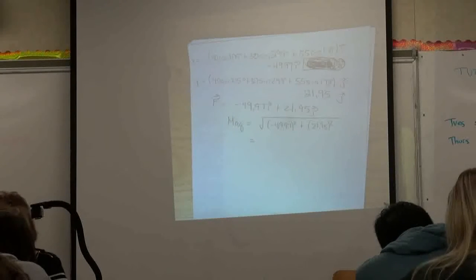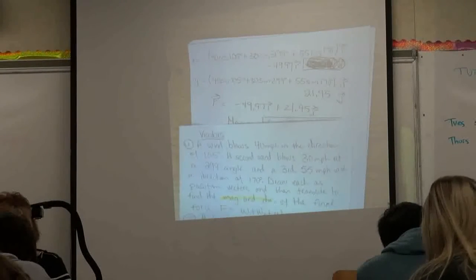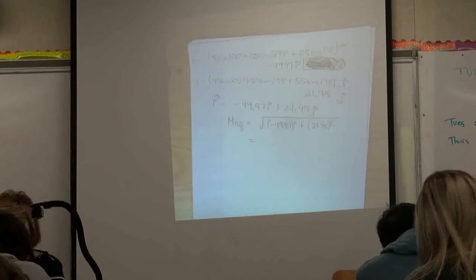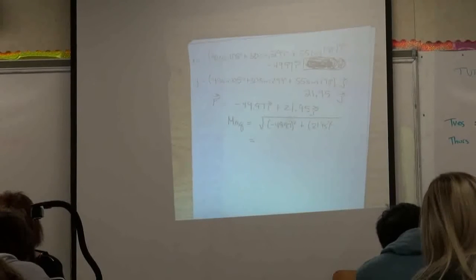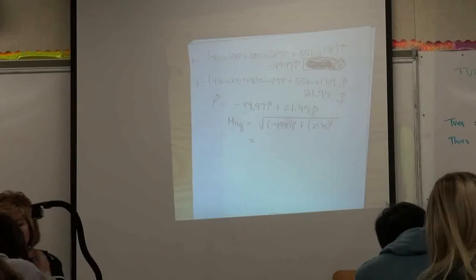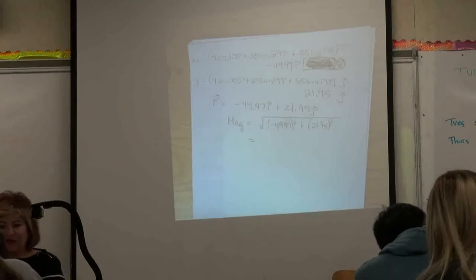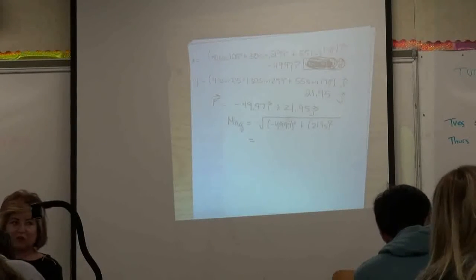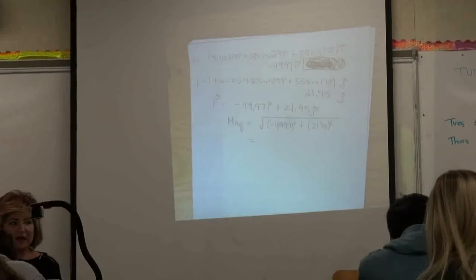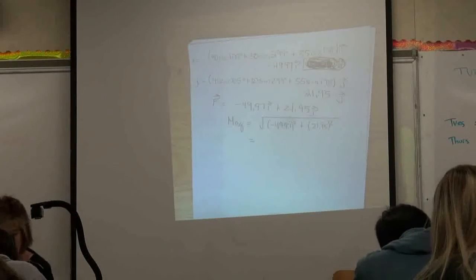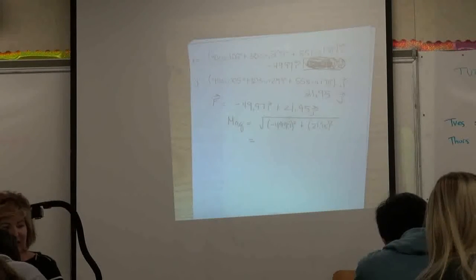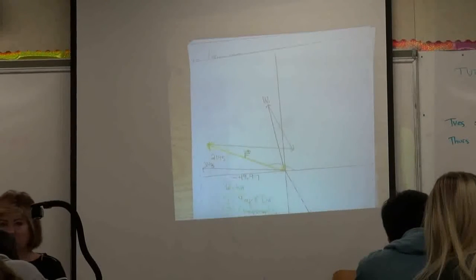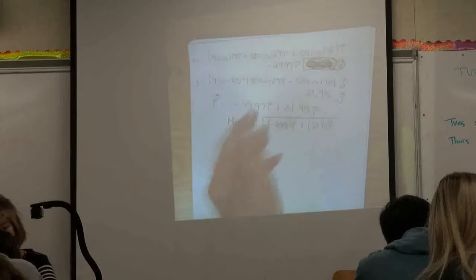Since these other magnitudes were 40, 30, and 55, this would not be the appropriate time to leave a radical. If it says on the problem, leave your answer as simplified radicals, then it is appropriate to do that. But in this case, it makes more sense to get a number so you can compare it to some of these other numbers here. And what do we get?